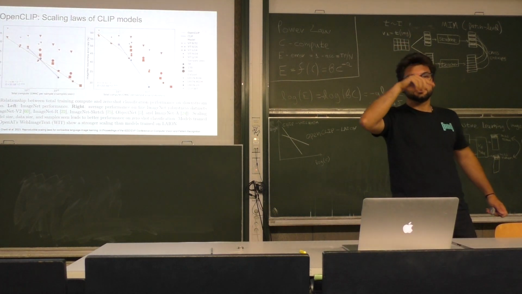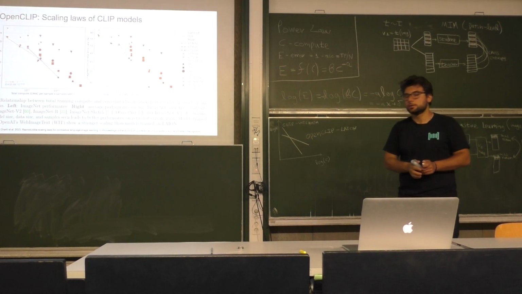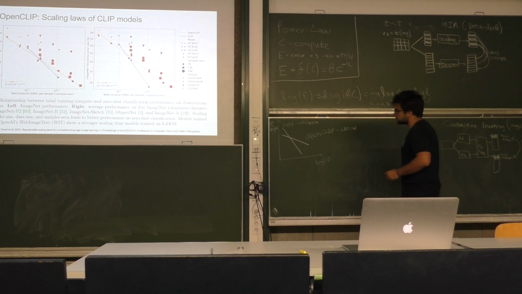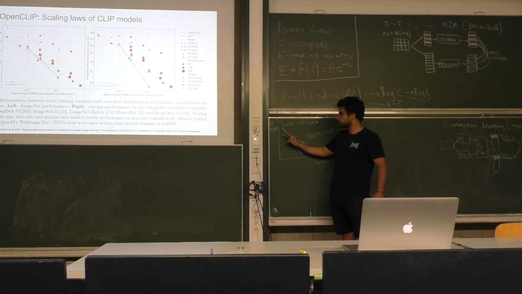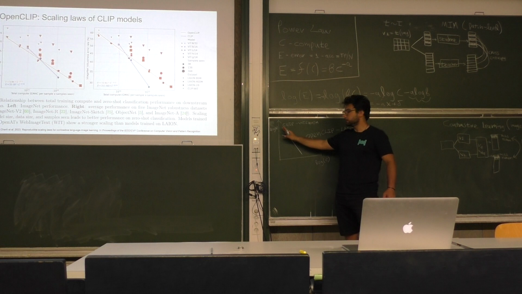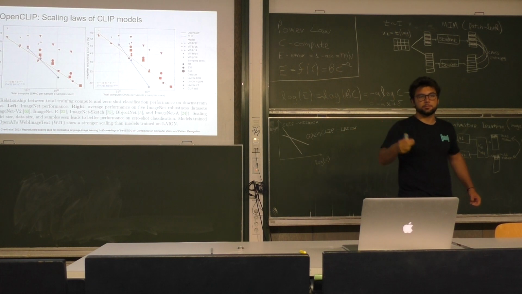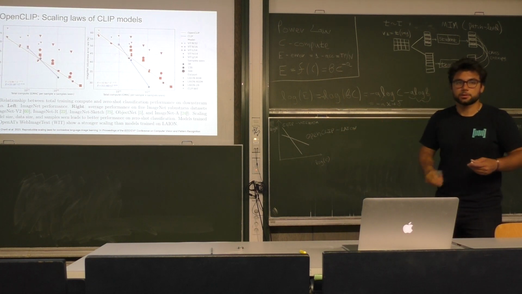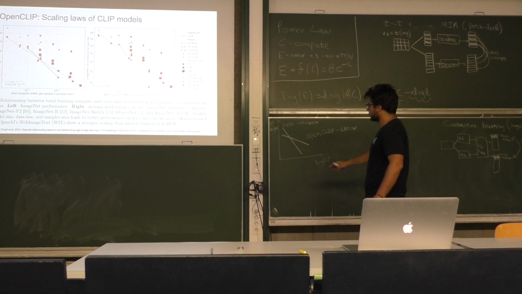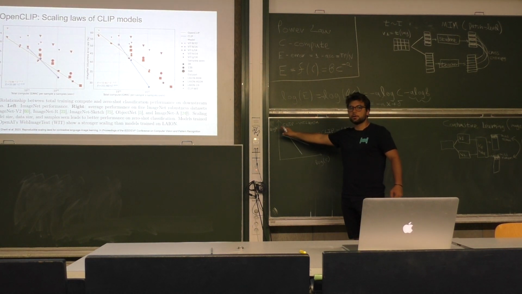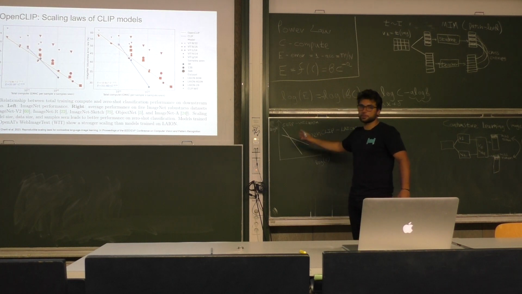Yes? The CLIP one, the steeper one. Yes. We want the steeper one because it indicates that we need less compute, so less computational complexity times samples seen. By training more, the loss goes down much faster in general with the steepest.